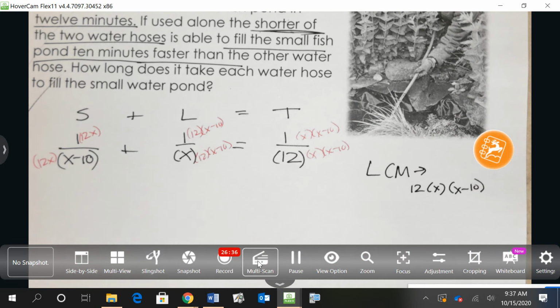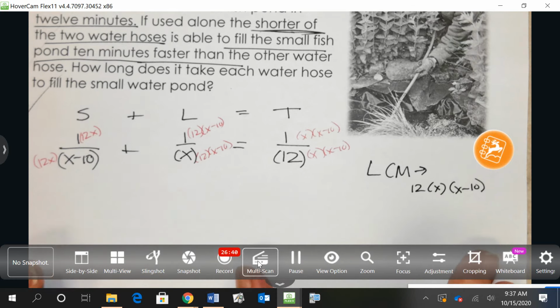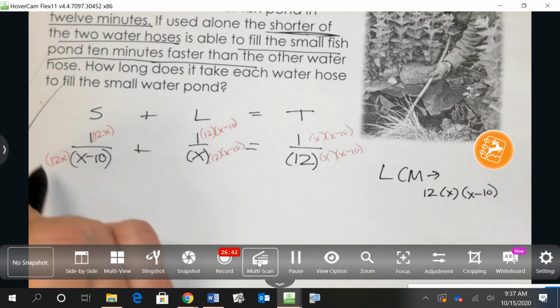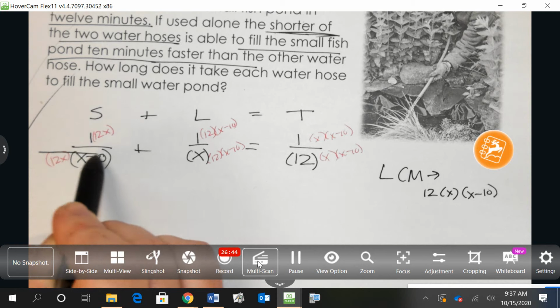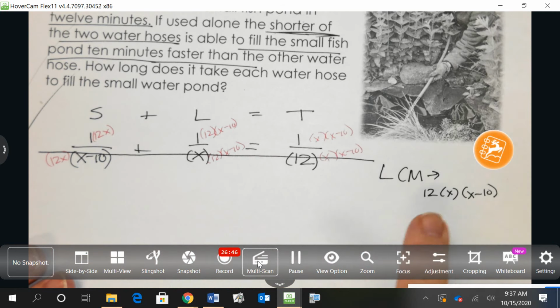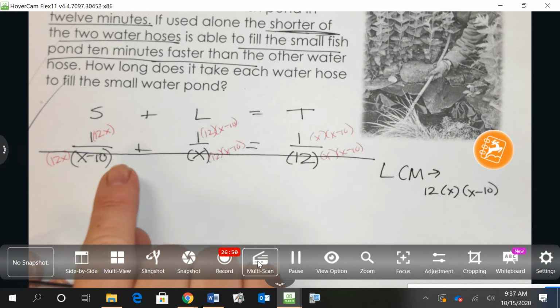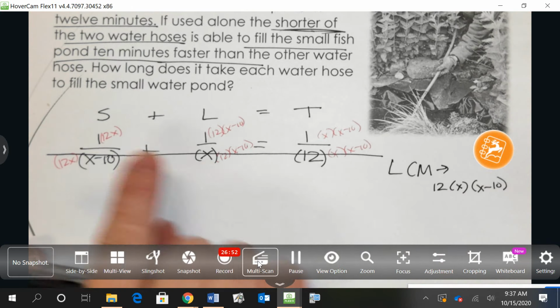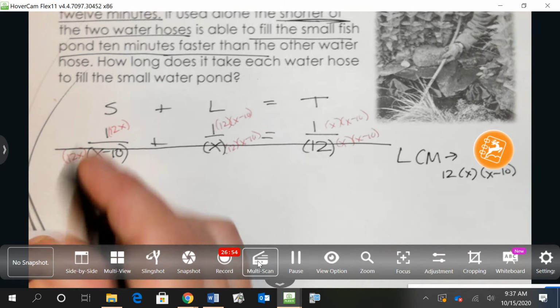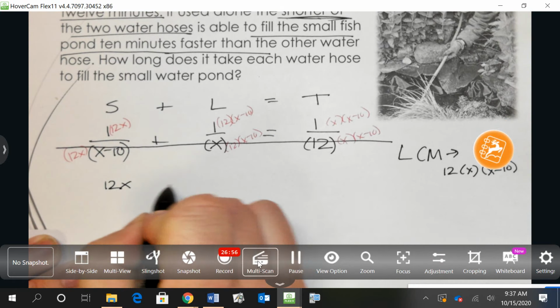Okay, what do we do? Okay, so here we go. So I am going to cross out, cross out, cross out, cross out, cross out, because I've identified the LCM and I've applied it. Now I come up to the top, 1 times 12 is 12, so I have 12 with an x.